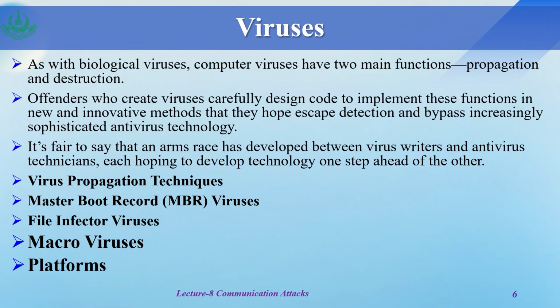It's fair to say that an arms race has developed between virus writers and antivirus technicians, each hoping to develop technology one step ahead of the other. Viruses use propagation techniques such as master boot record viruses, file infection viruses, macro viruses, and platform viruses.